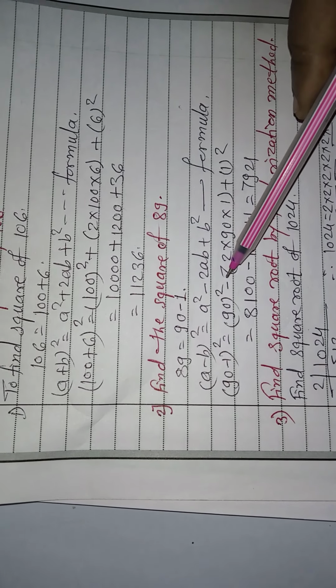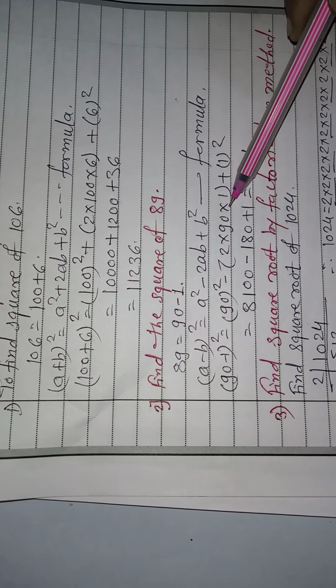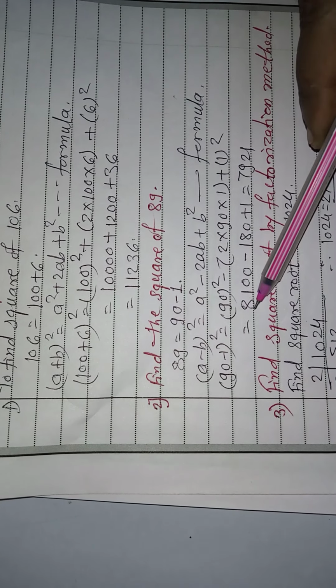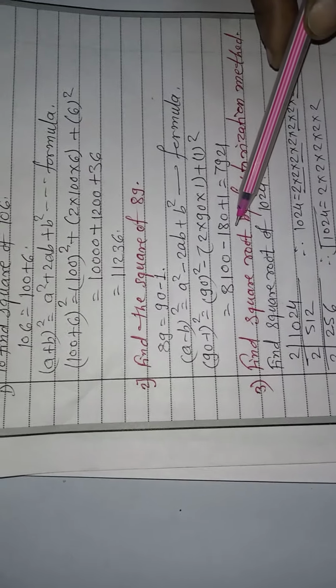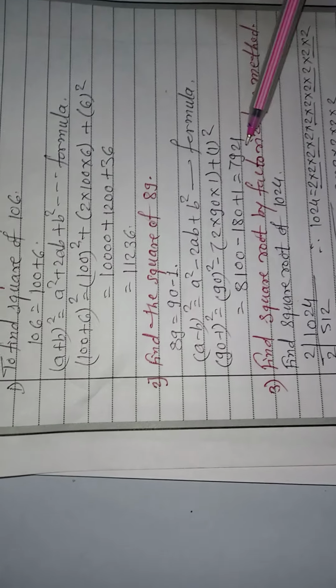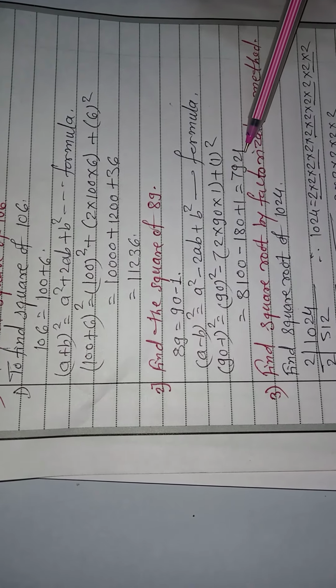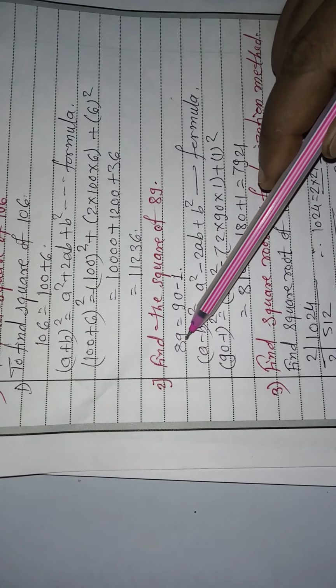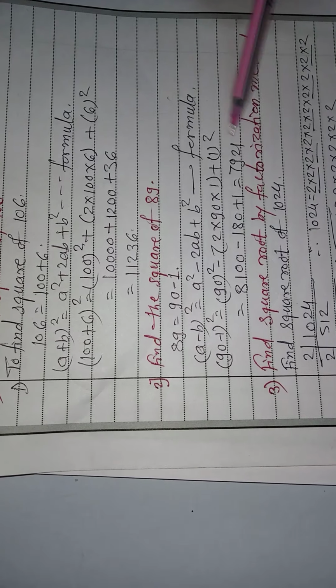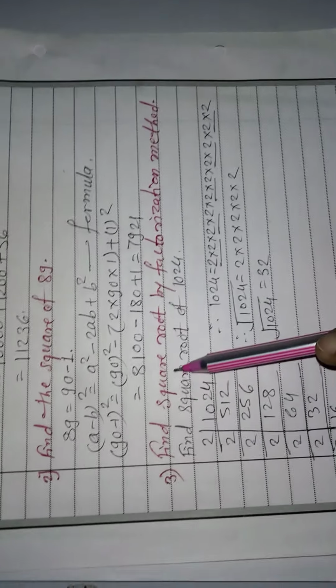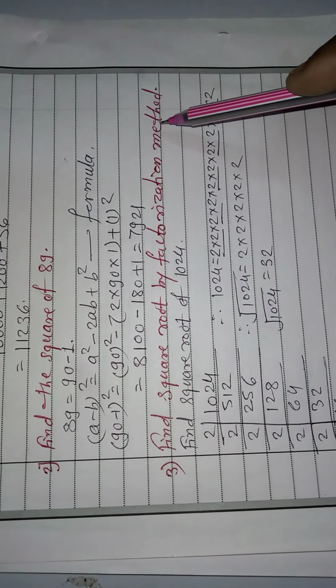Therefore 90 square minus 2 into 90 into 1 plus 1 square is equal to 8100 minus 180 plus 1, which is equal to 7921. Therefore the square of 89 is equal to 7921.